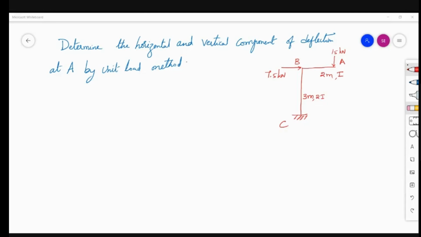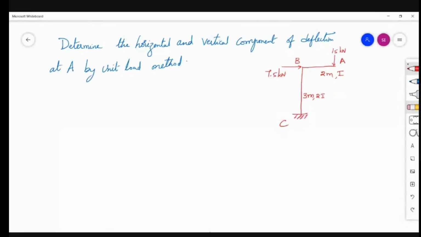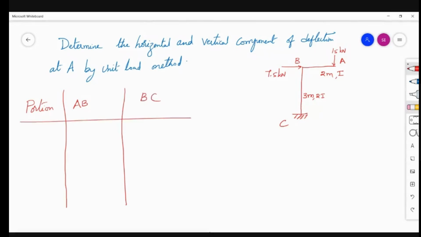So when you are considering BC as another portion, AB as another portion, let us write down. First of all, prepare the tabular form. How many portions are there here? We mentioned AB is one portion, BC is the second one. Now, after portion, what is the origin?